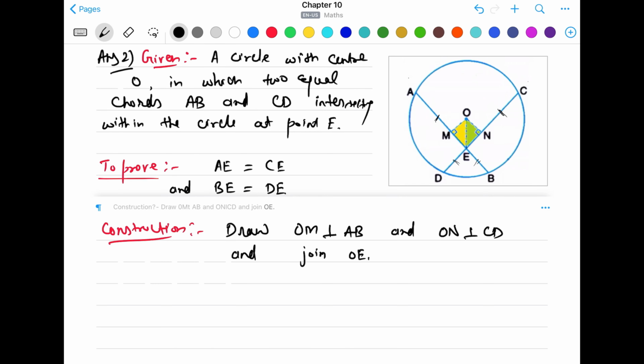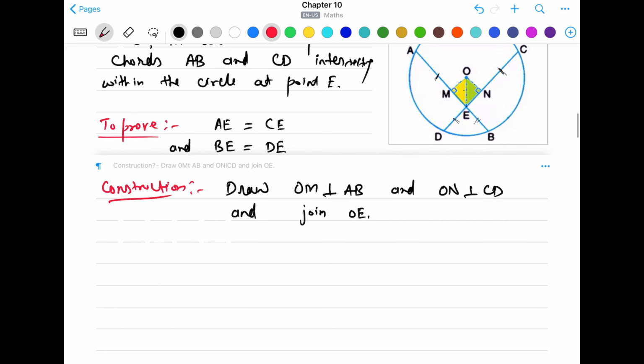So this is the construction we have done in this question. We have drawn these perpendiculars OM and ON on AB and CD respectively, and we have joined this OE. Okay, now let's start this proof.